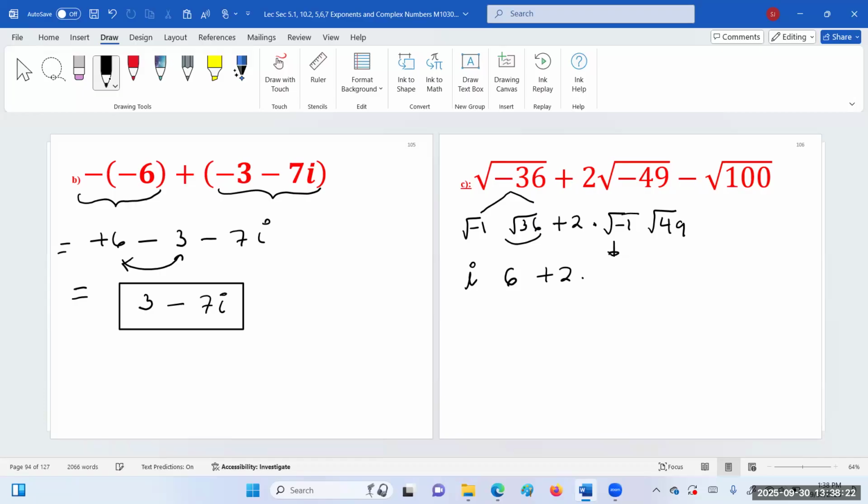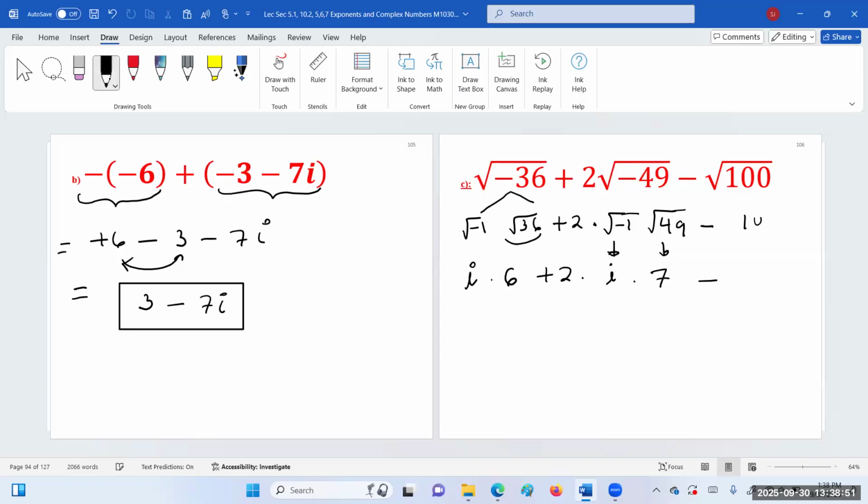So what do we get from square root of -1? i. And what do we get from square root of 49? 7. What symbol goes between i and 7? Multiplication. All of these are invisible multiplication. And you're subtracting the third term. Do you see anything wrong with the third term?